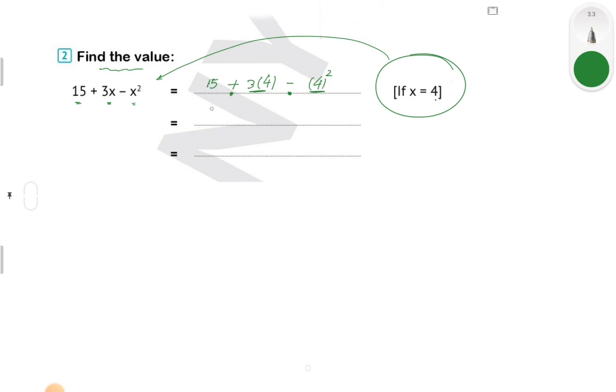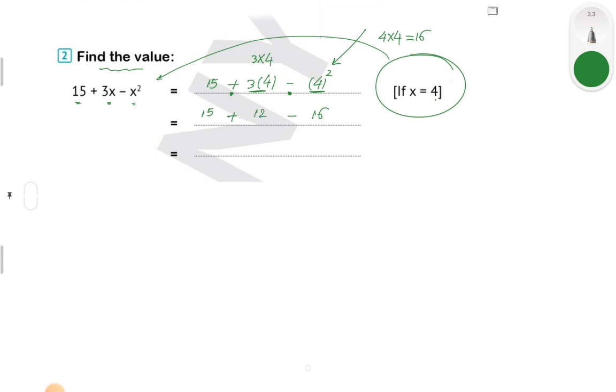So 15 plus 3 times 4 minus 4 power 2. 4 power 2 means 4 times 4 equals 16, and 3 times 4 equals 12.